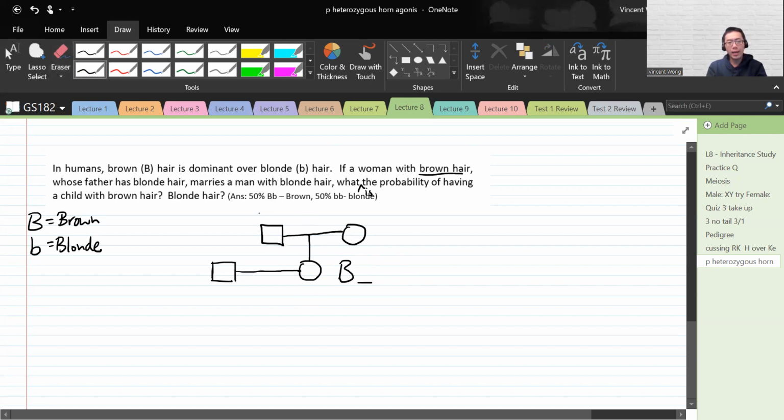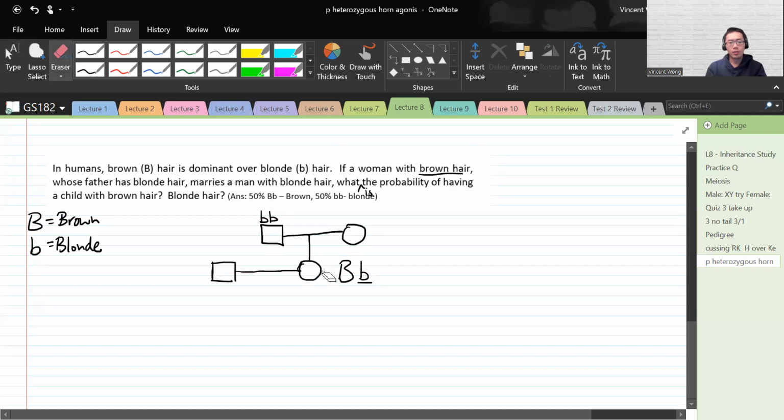And there is only one way to get blonde hair, which is small b, small b. So what does that tell you about the woman? Well, if her father has small b, that means he can only pass on the small b to his daughter, right? So it's guaranteed she will get one small b from her dad.